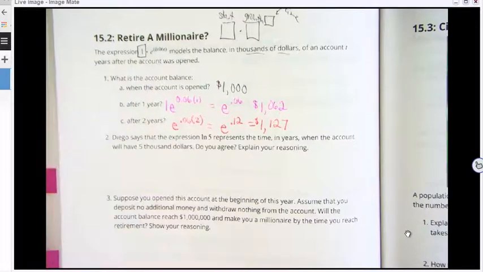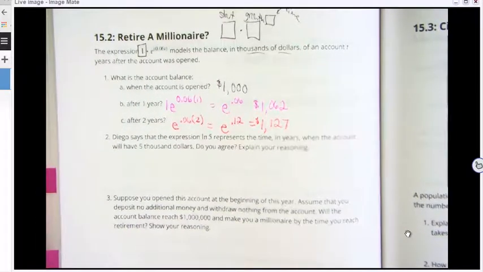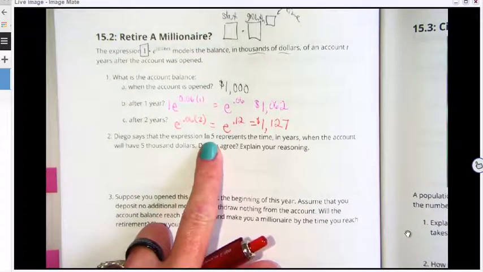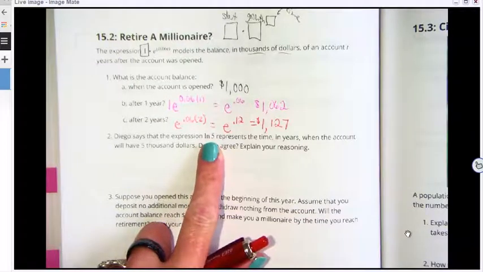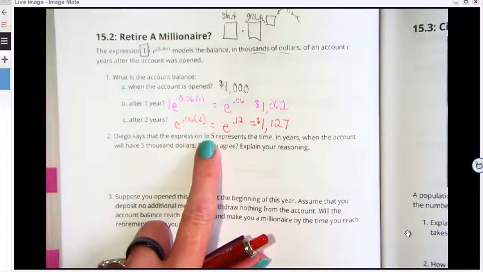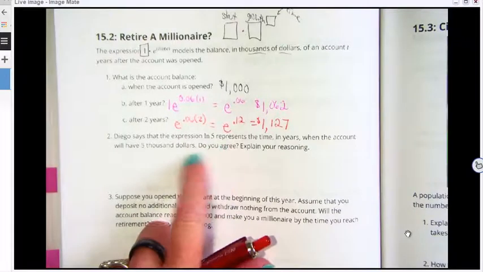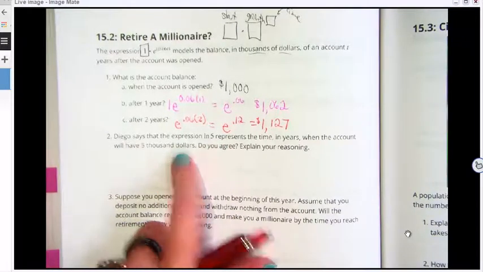But what we've said many, many times throughout this unit is that the natural log, or the log, the whole purpose of it is to isolate the exponent. Whatever this ln of 5 equals, that would be the exponent, not this $5,000.